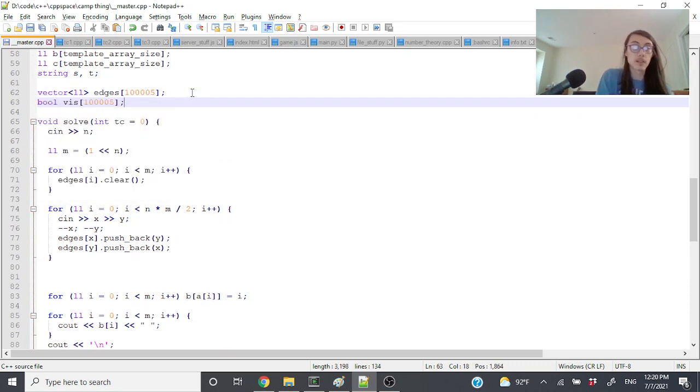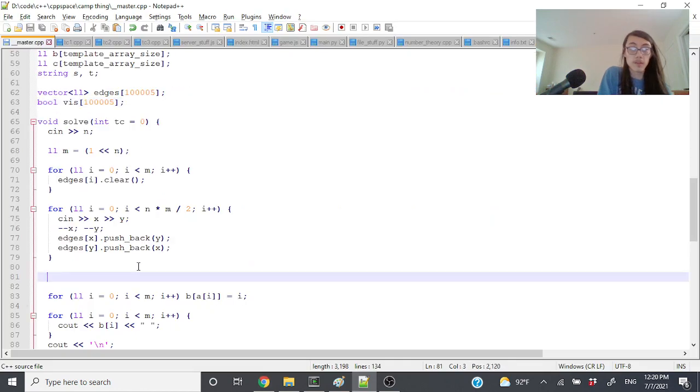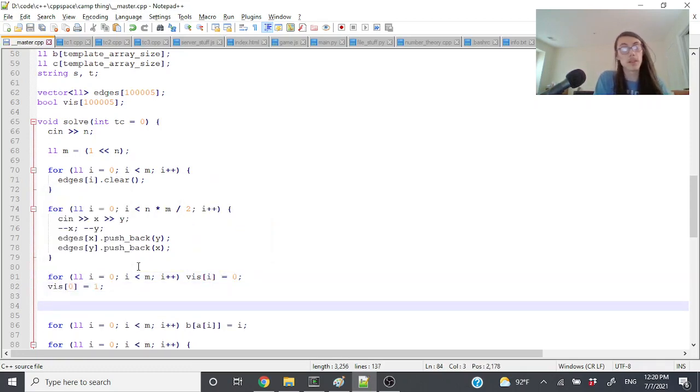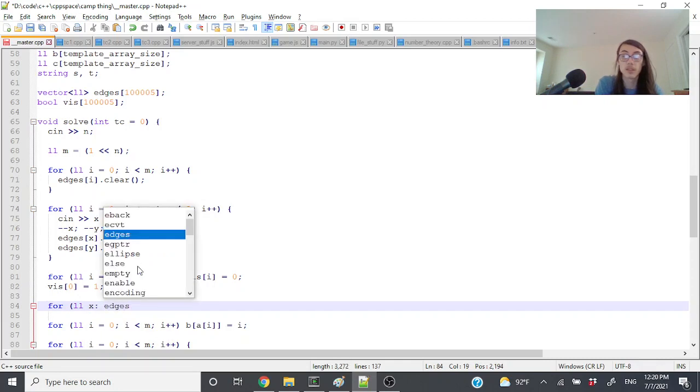Rule this, for Li equals 0 is an m, I plus, this I is equal to 0. So for Lx edges 0.